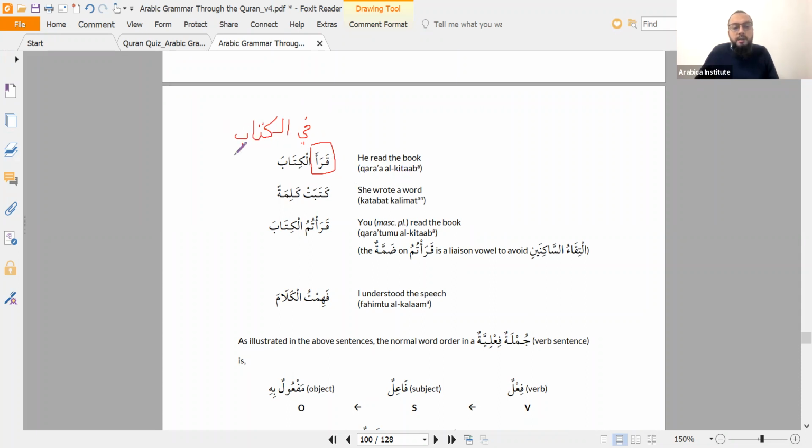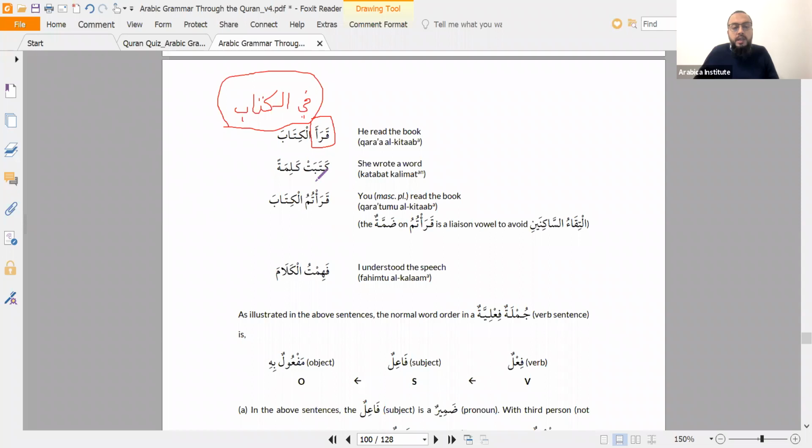So qara'a fil kitabi, this fil kitabi is what we said, it's a shibhul jumla, and the shibhul jumla is outside the main jumla. The main jumla here is qara'a, and the shibhul jumla is attached to the verb qara'a, but it's not part of the jumla. Okay? In the same way, the maf'ulun bihi is not part of the jumla.